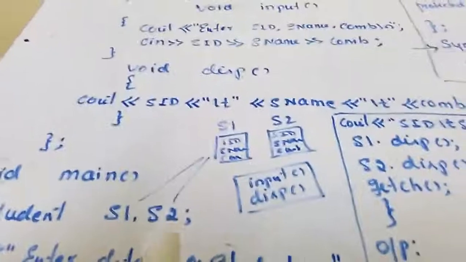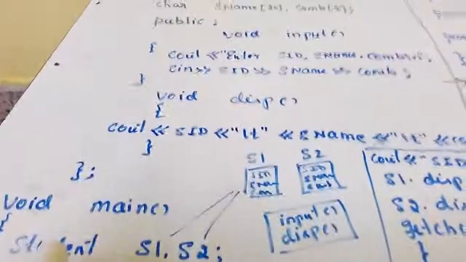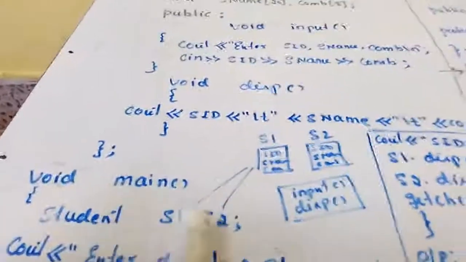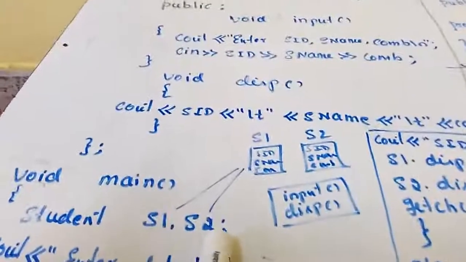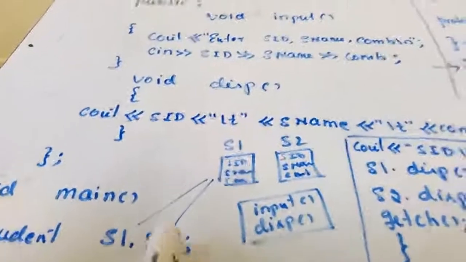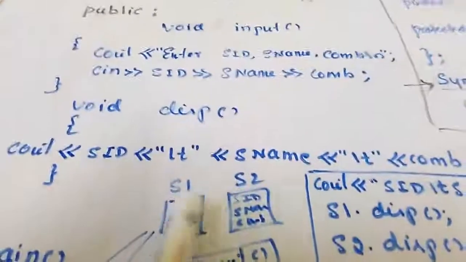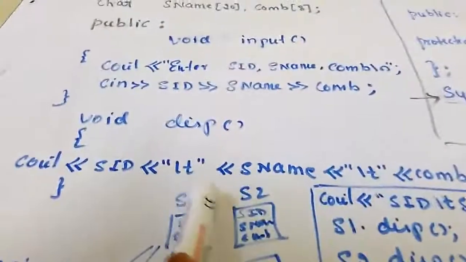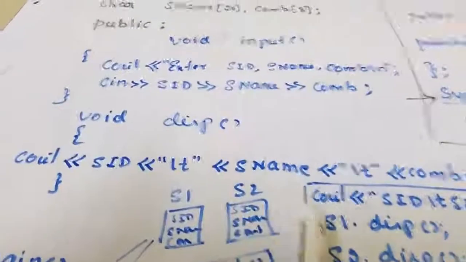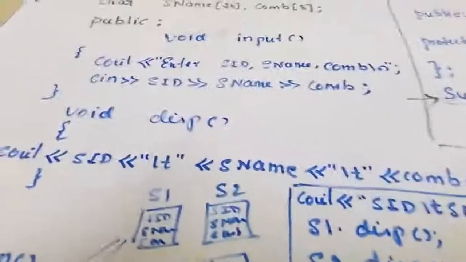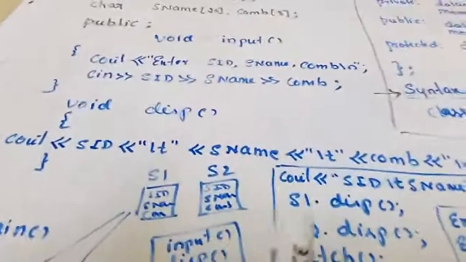Now, I'm going to store two student details, so I will take two variables here, student S1, S2. Whenever you write a declaration statement, whenever you create an object here, there is a memory allocation for S1 and S2. Each variable, S1 and S2, represents a student.